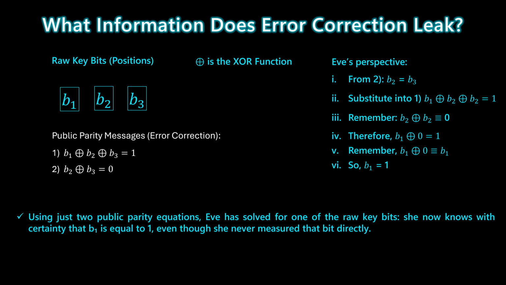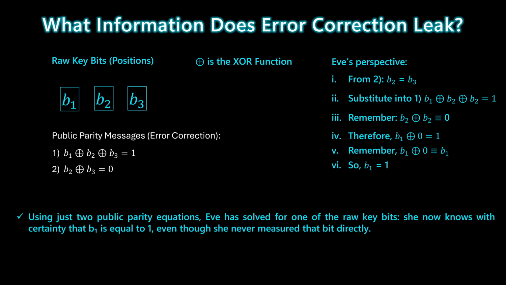During error correction, Alice and Bob exchange small amounts of information to help Bob fix any differences between his bit string and Alice's. The important detail is that these messages are public. Everyone hears them, including Eve. Even though the messages don't reveal any bits directly, they do reveal relationships between bits. And that turns out to be enough.